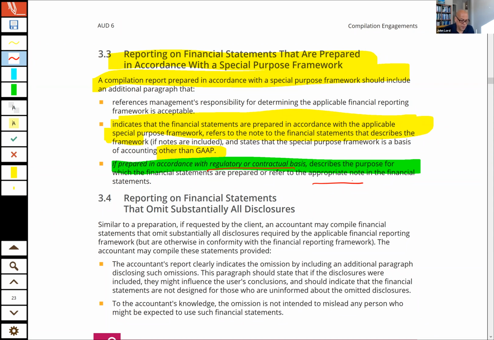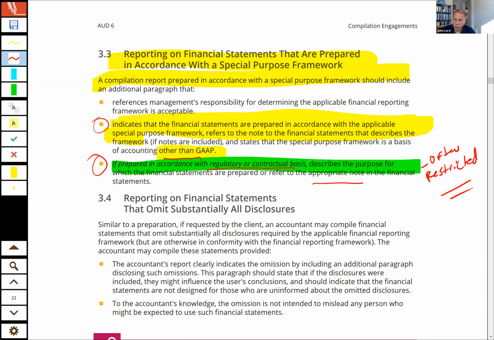I don't see how this bullet versus this bullet are any different. It's the same point. We're following something other than GAAP, such as a regulatory basis. I thought they would put that there, it's such an obvious thing, and I guess my mind put it in there even though it's not there.